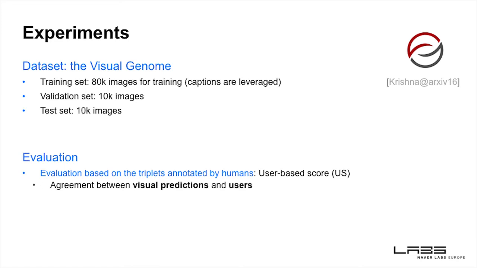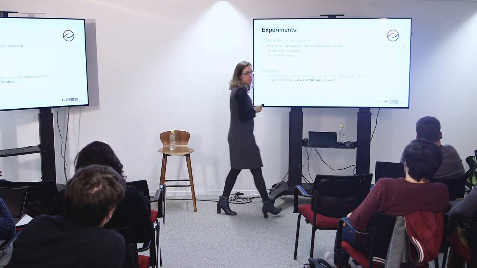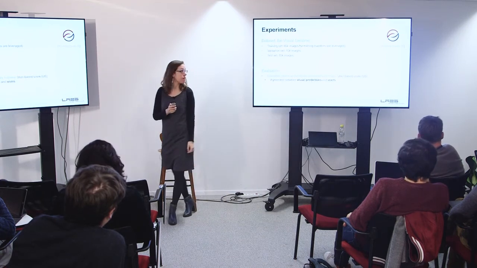We just look at the images. And for the evaluation, we look at the evaluation based on the triplets annotated by humans. So we are going to see what these visual predictions in the embedding space say about what is similar to what. We are going to see if it matches what the user said. So that's how we evaluate our system.